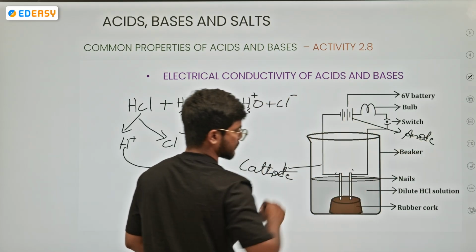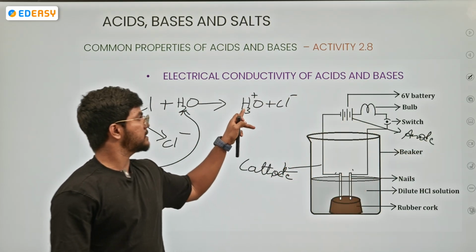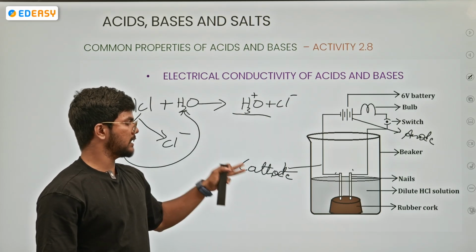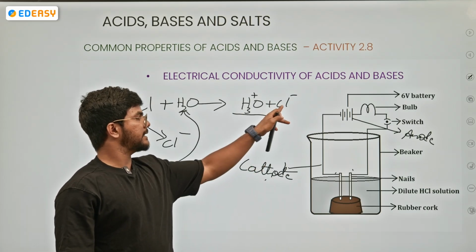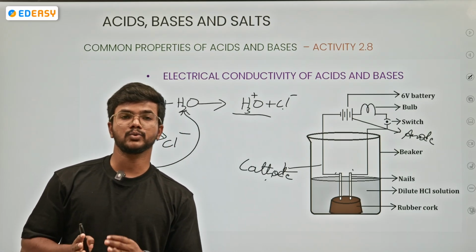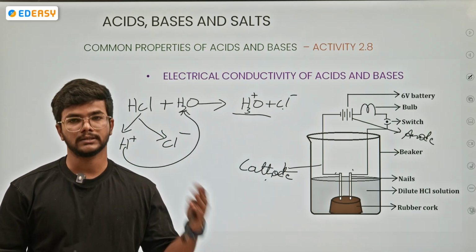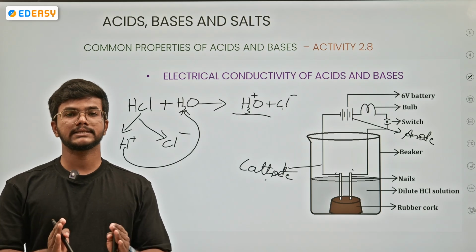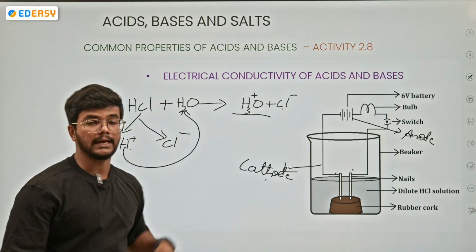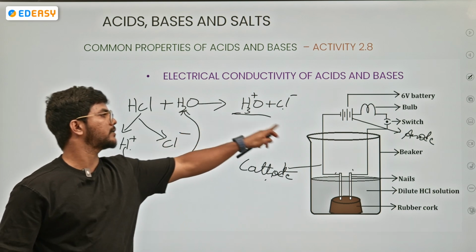So anode and cathode. Here the positive ions move towards the negative electrode and the negative ions move towards the positive electrode. This makes the electricity transfer from one place to another place. That is why the acidic solutions can conduct electricity with the help of the hydronium ion. This is called hydronium ion.